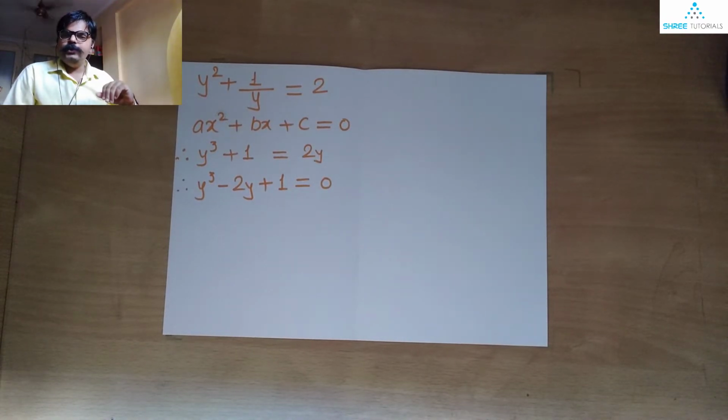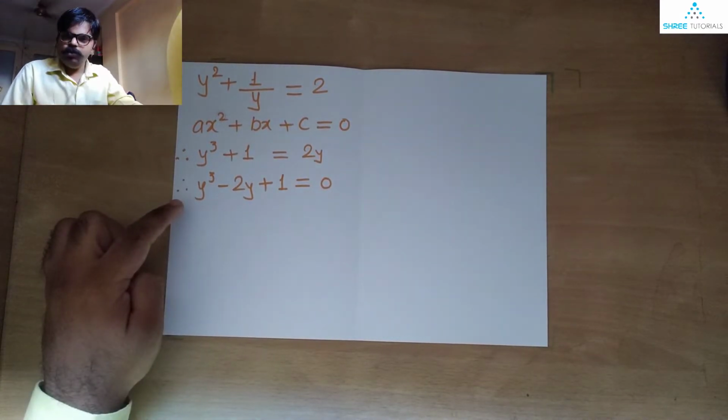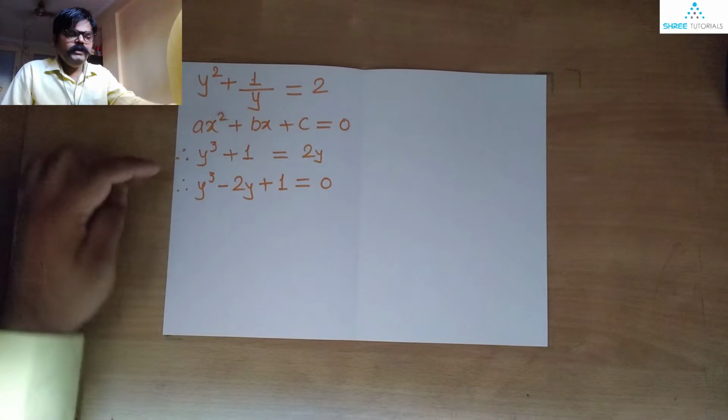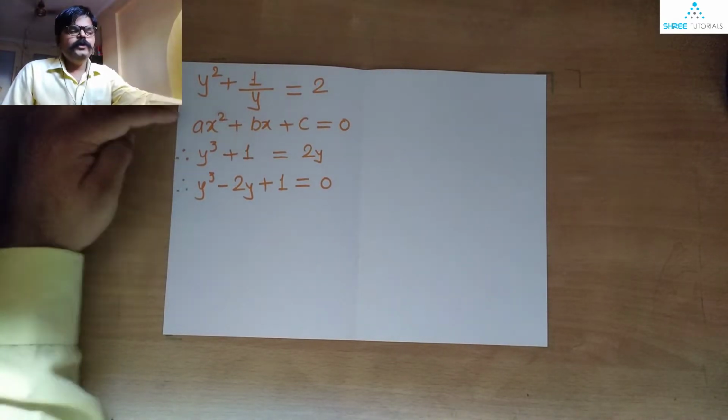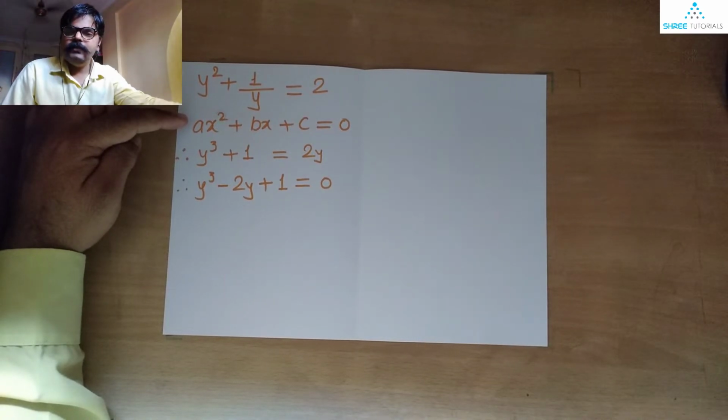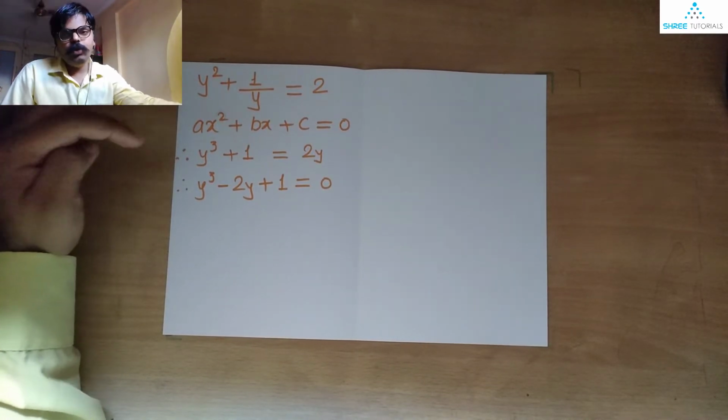What was step number 2? We used to decide what is the maximum power of the variable. Over here the variable is y, and the maximum power the variable y is having is 3. This does not fit our standard equation, because the standard equation says that the maximum power of the variable must be 2, only 2.